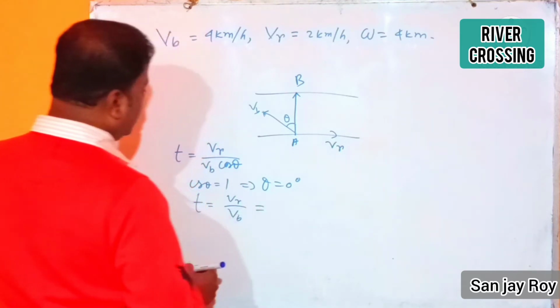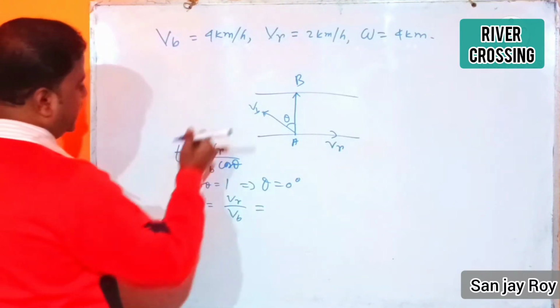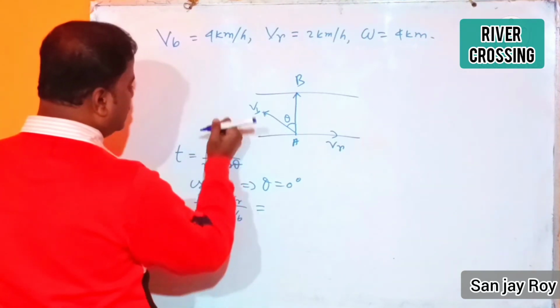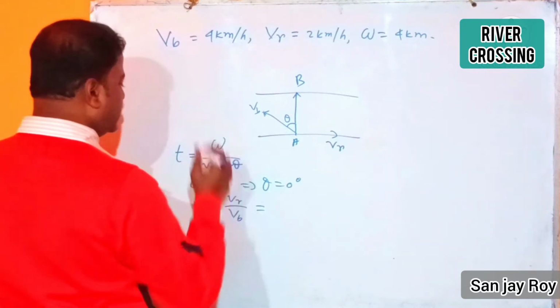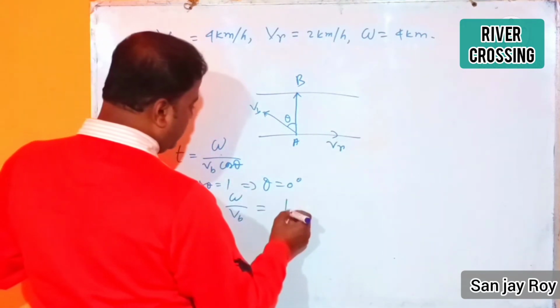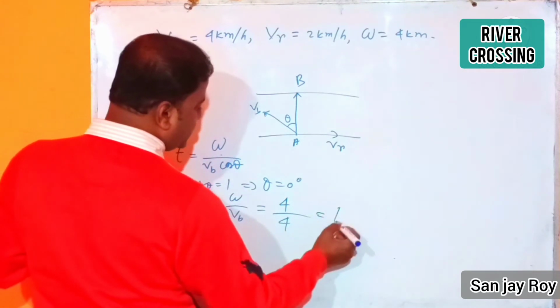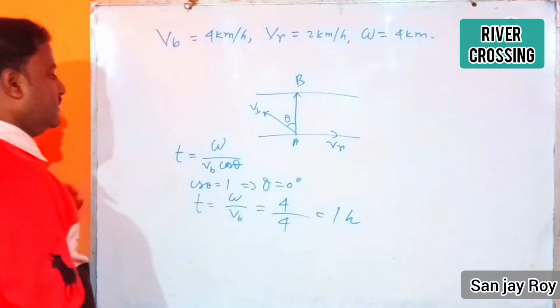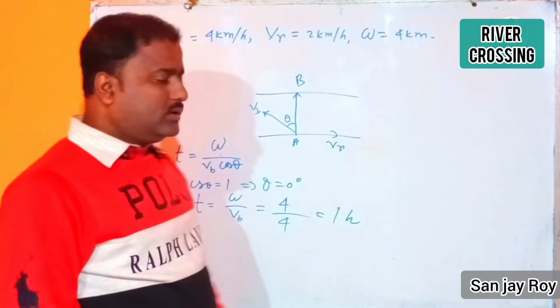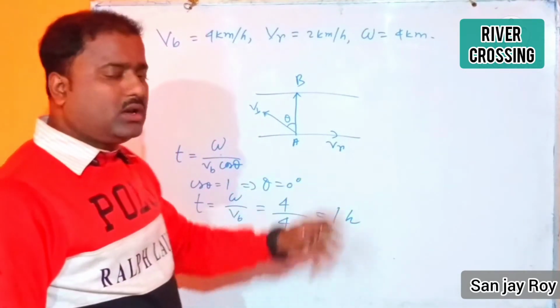Here W is the width, 4 km, velocity of boat 4, so this is 1 hour. The boatman crosses the river in the minimum time of 1 hour.